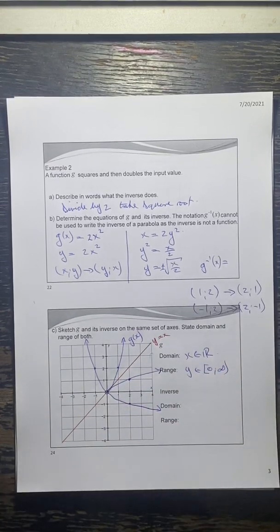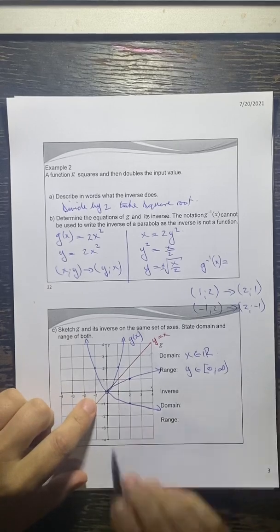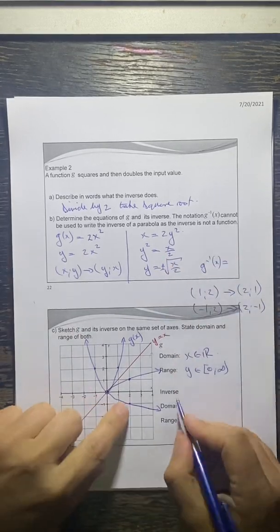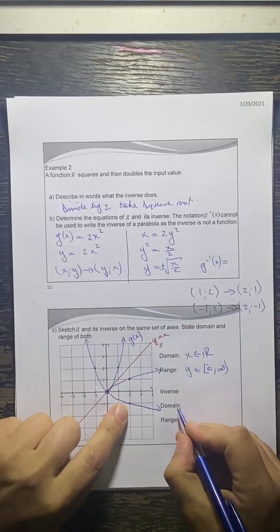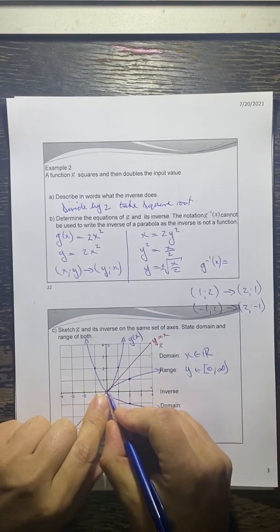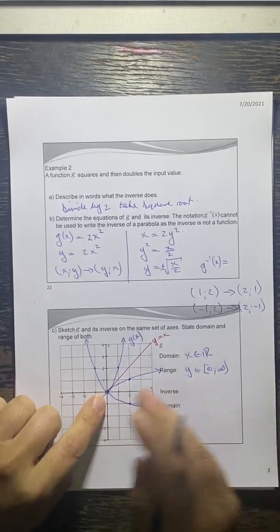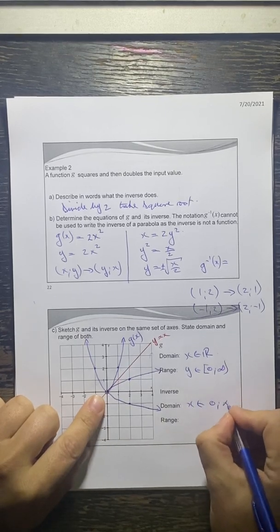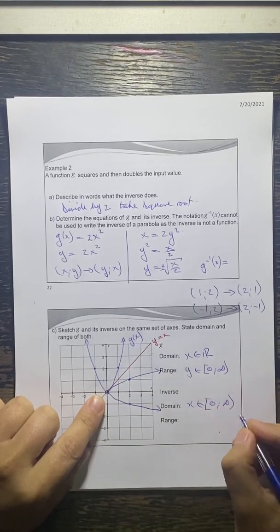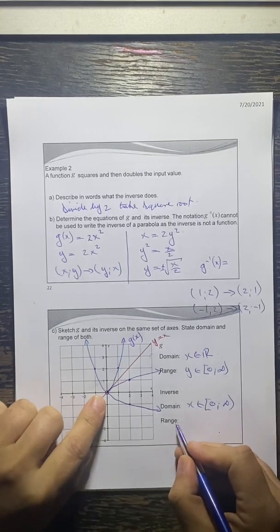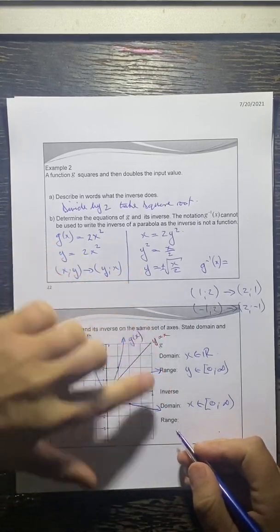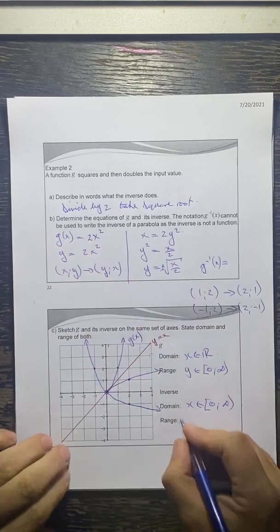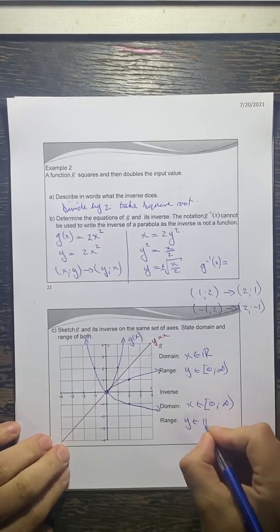Now, if we look at the domain and the range for the inverse, let's just say that it was a function, we can now see that the domain of this would be, from left to right, from 0 to infinity. Okay, that's included, that's excluded. Then the range, you can see that we can have any y values because it's just going to start opening up. So y is an element of the reals.